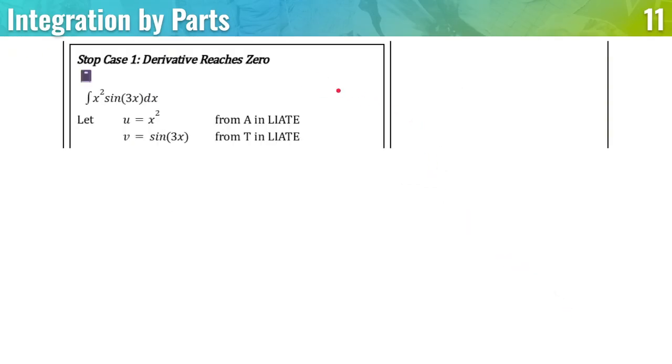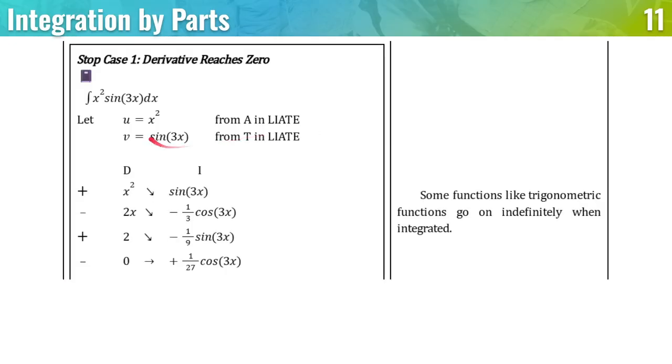So let's see what it is. We assign u as x squared and v as sine 3x. The difference between here and the last one is that the other one was dv, but now we have v only. From A in LIATE and T in LIATE, let's put them on the table. The u, or the x squared, will be what we differentiate, and the sine 3x will be what we integrate.